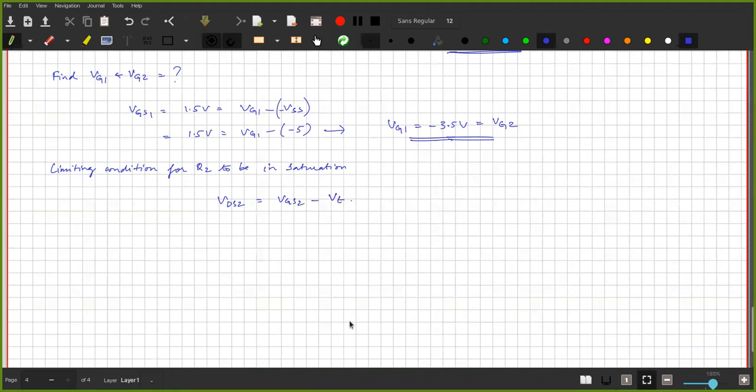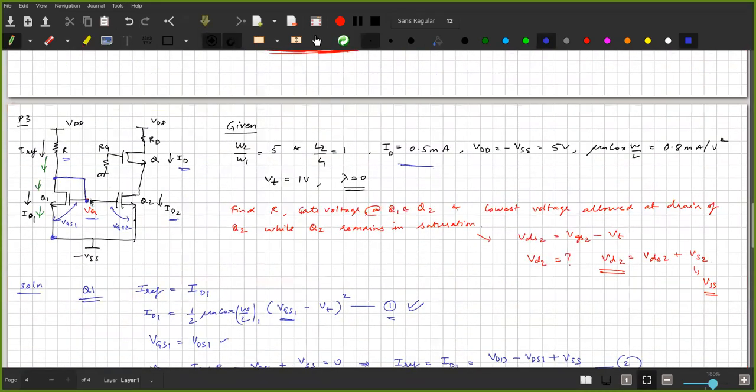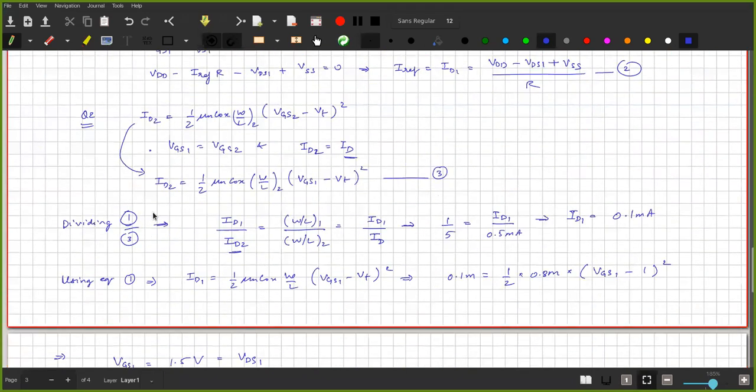Remember, I have not found the value of VGS2. I have only found the value of VGS1. Don't you think VGS2 will also be same as VGS1? Again, look at the diagram. If VG value is minus 3.5 volts, then VGS1 and VGS2 will be same, right?